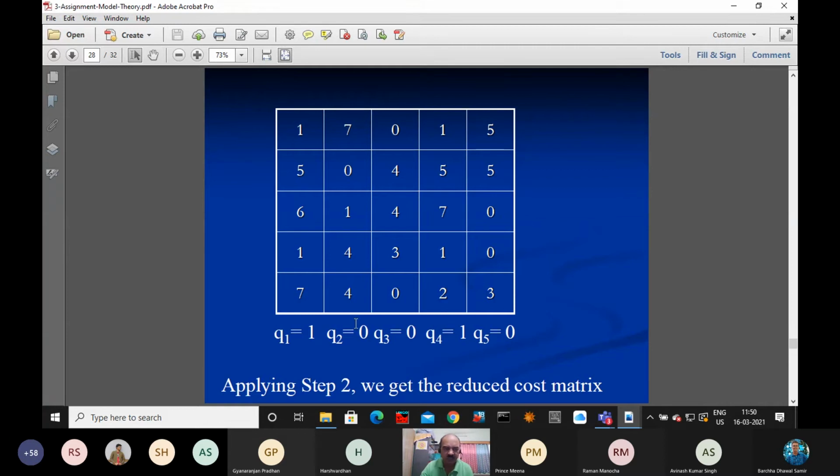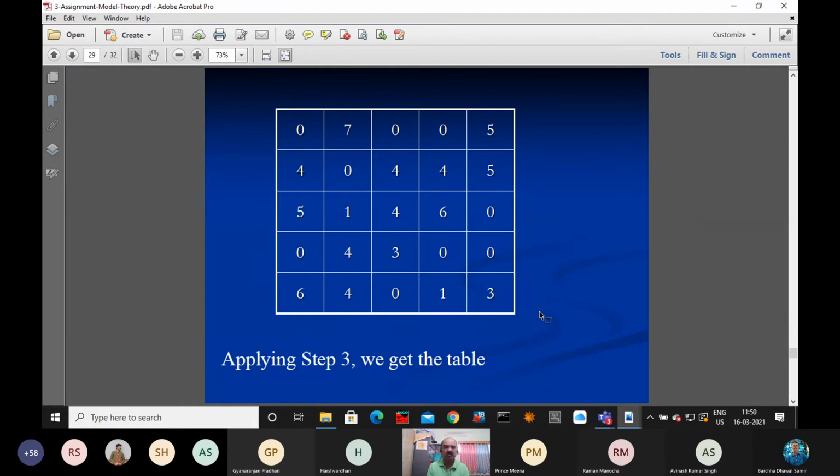But in the first column there is no 0, so we subtract 1. Then in the fourth column there is no 0, we subtract 1, and as a result we find this is the reduced assignment matrix. So we apply the algorithm.